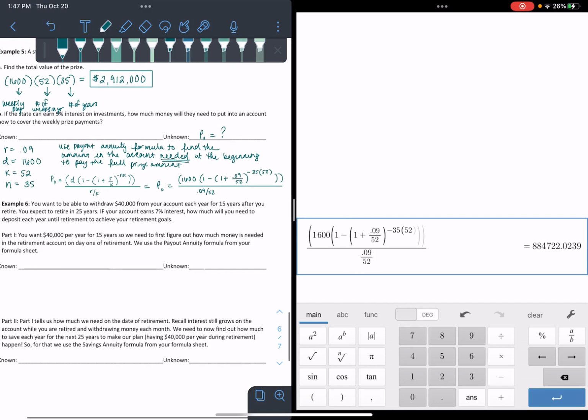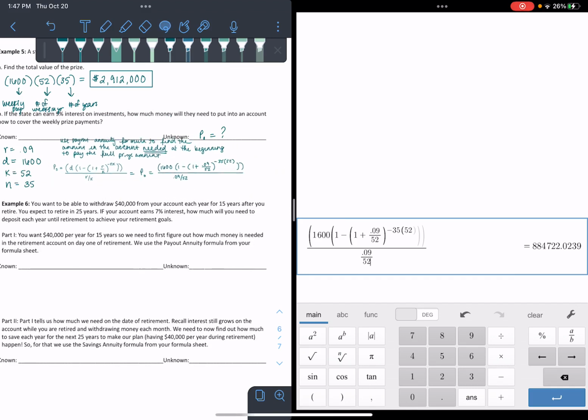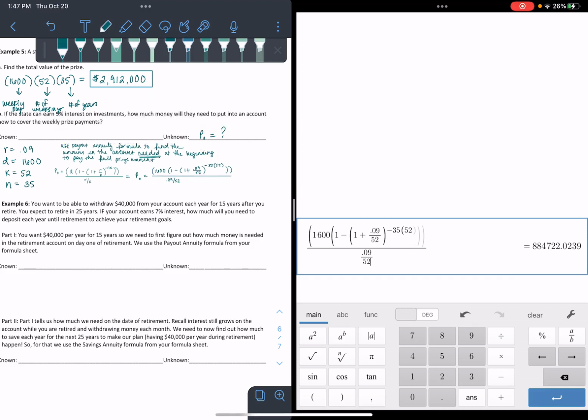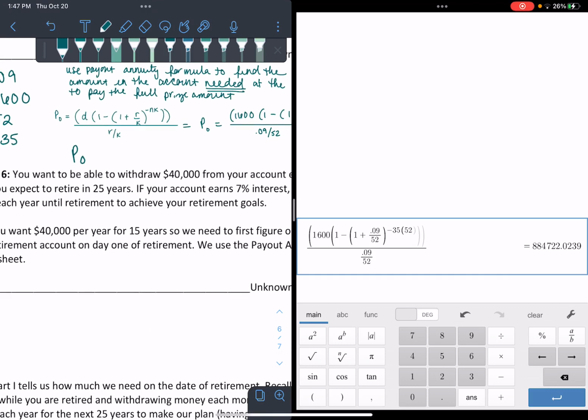We get, let me make this a little bit smaller so we can actually write it. We get as our final answer P sub 0 equals $884,722.02.